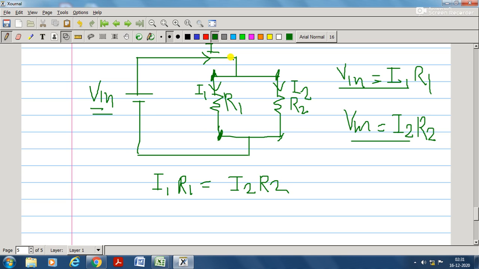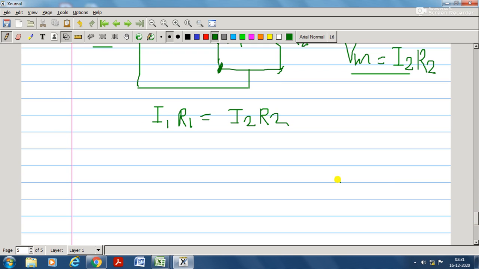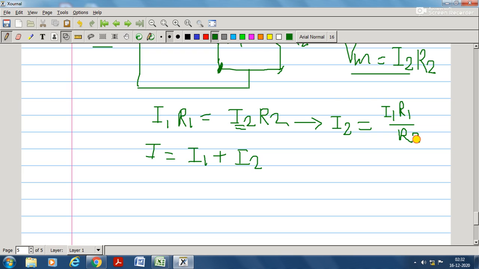Now if you apply KCL over here, you can write I equal to I1 plus I2. Now let's say you make I2 the subject. From this equation you can write I2 equal to I1 R1 divided by R2. You need to substitute this value in this expression.